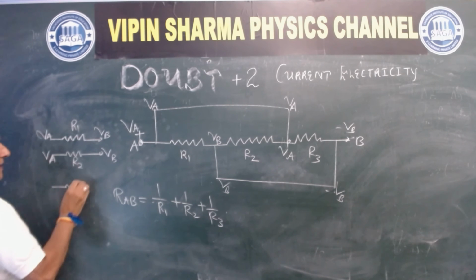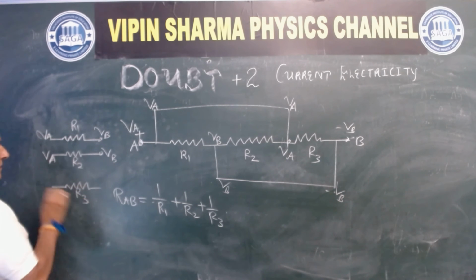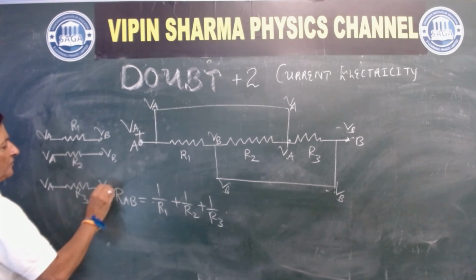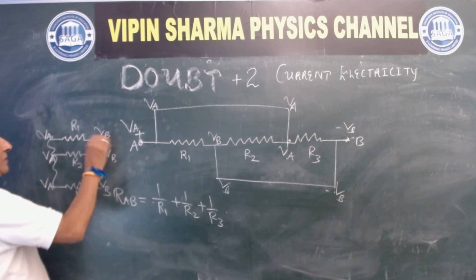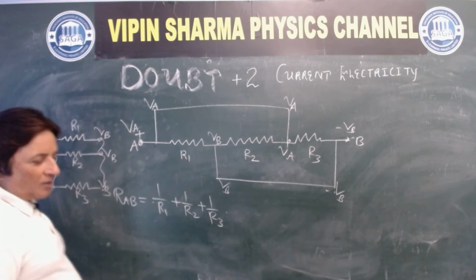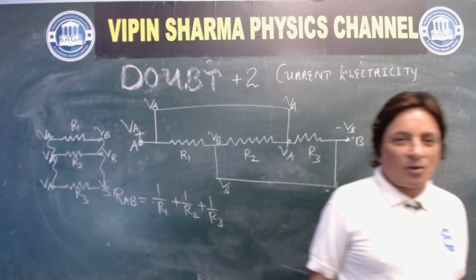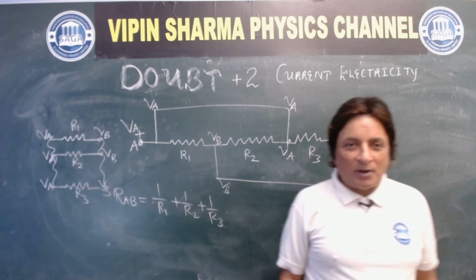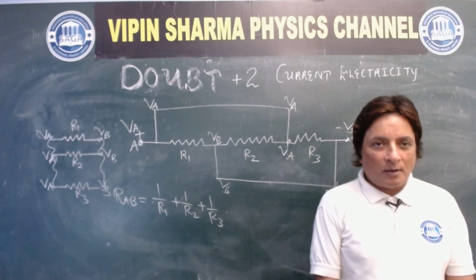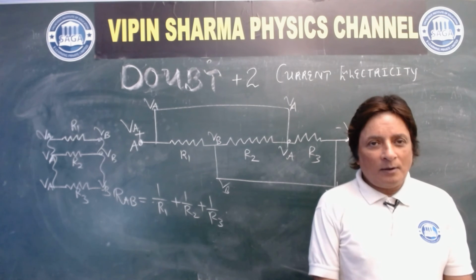And when you take R3, this is VA and that is VB. So you will find all are at the same potential. When all are at the same potential, they are in parallel.